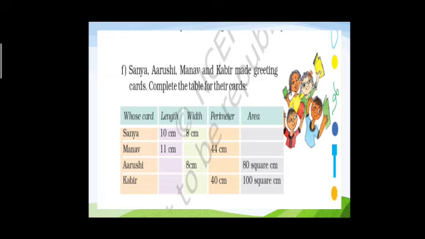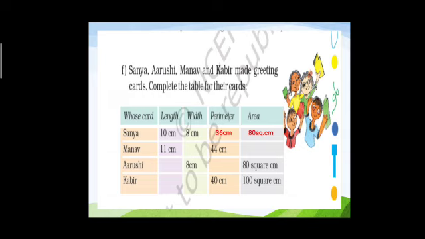So the perimeter will be 2L plus 2W: 20 plus 16 is equal to 36 centimeter. And if we find out the area, 10 into 8 is equal to 80 square centimeter.